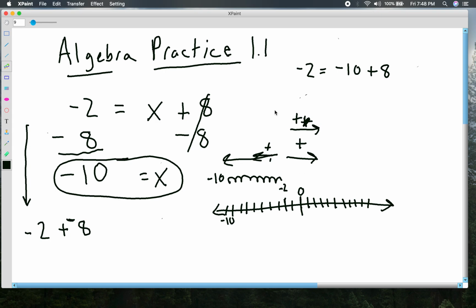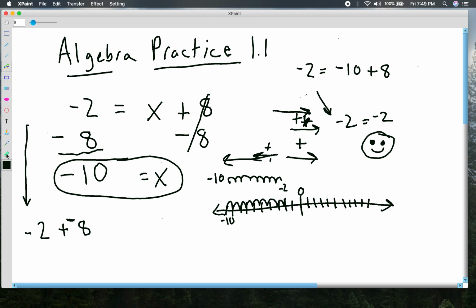This direction. And so we have to go up 8. So 1, 2, 3, 4, 5, 6, 7, 8. And that does indeed take us to negative 2. Does negative 2 equal negative 2? Yes, it does.